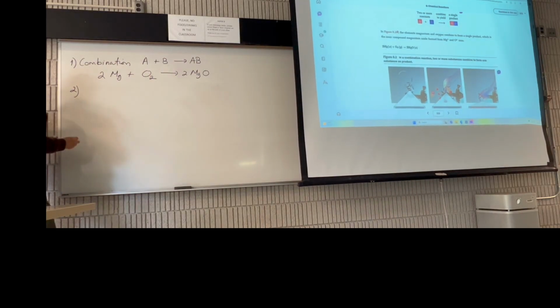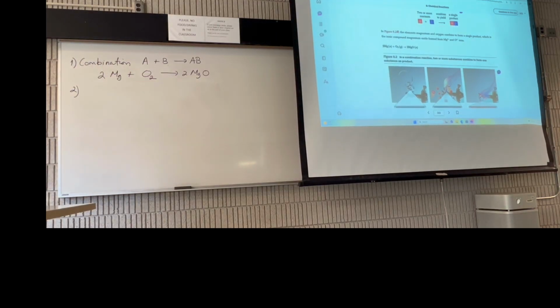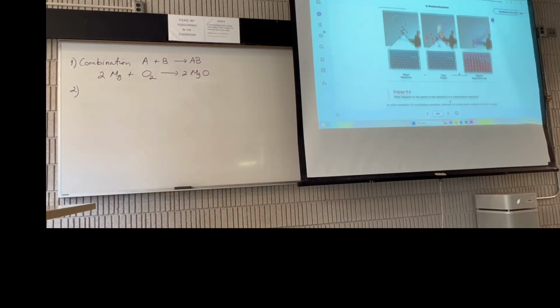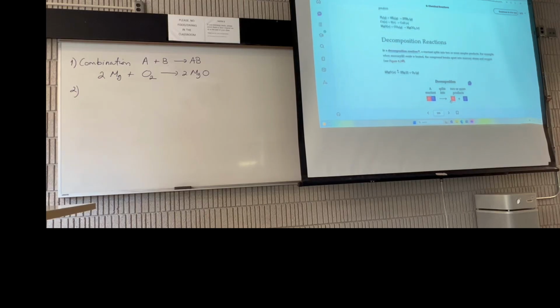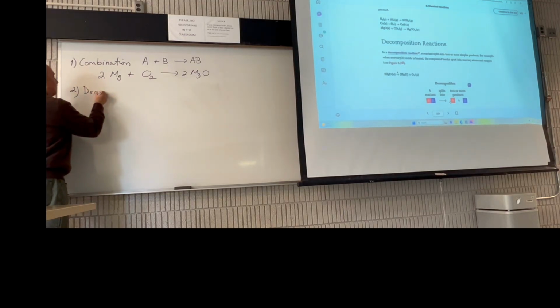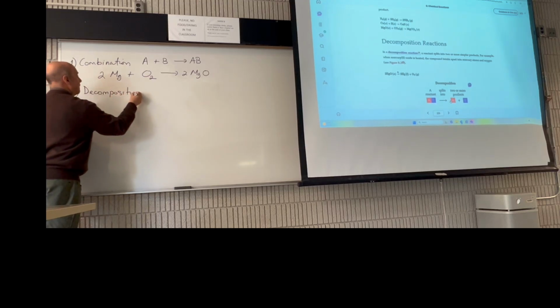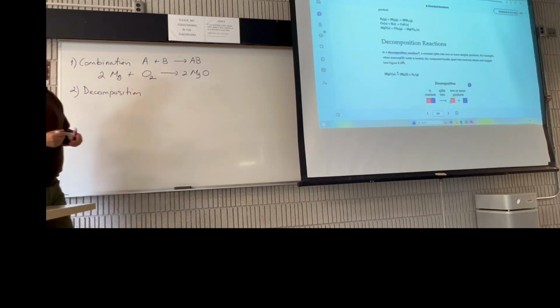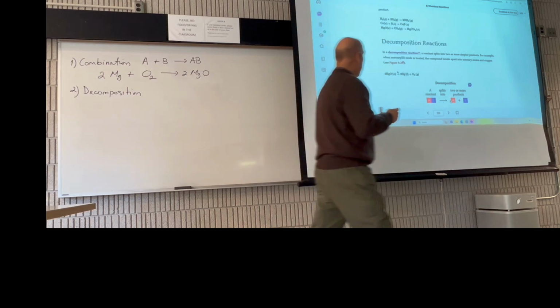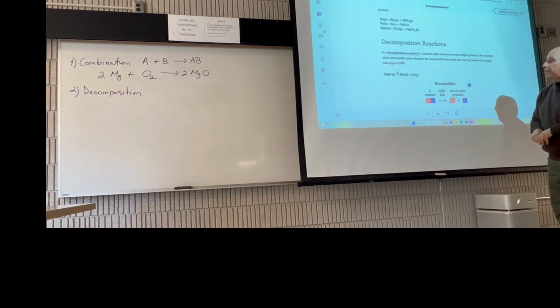Let's take a look at a different type of a chemical reaction. And we're going to look at a decomposition reaction. Now, in a decomposition reaction, the opposite that we saw on the first type is taking place.